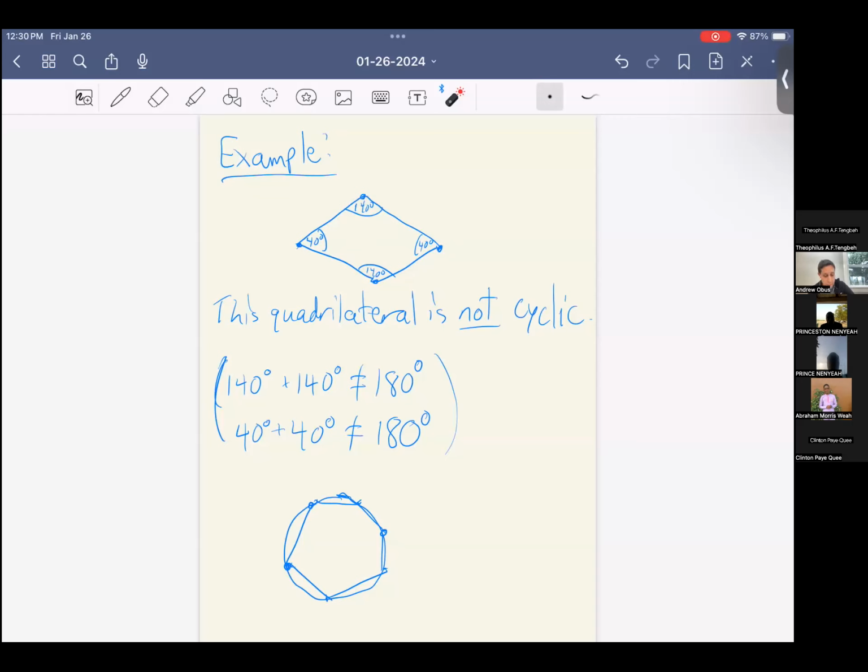Okay, so I've understood, because drawing a circle on this quadrilateral will not go through all the points. Exactly. You can draw an ellipse that will pass through all these points, but not a circle.